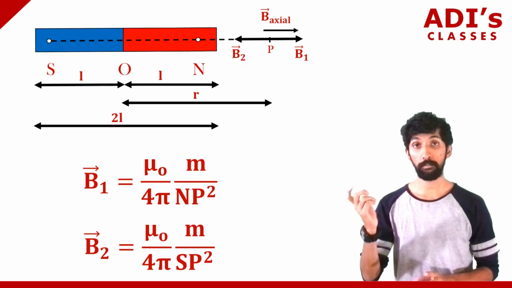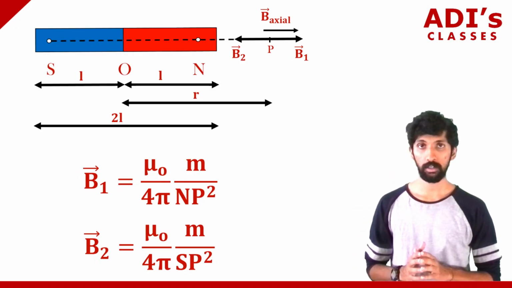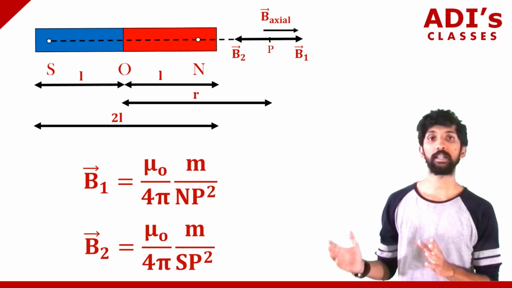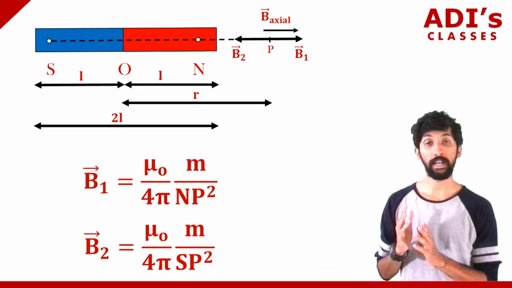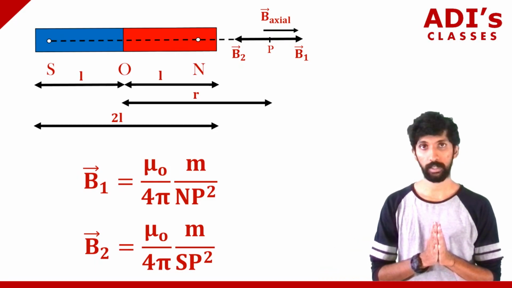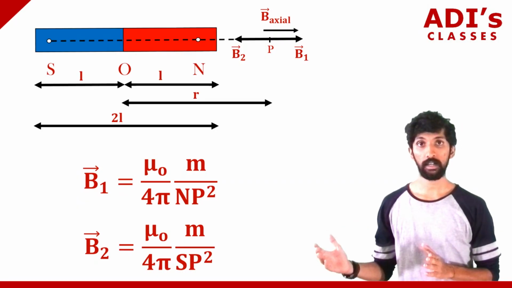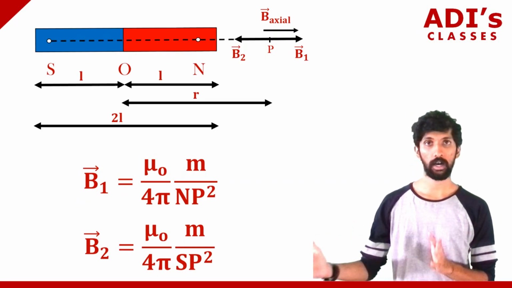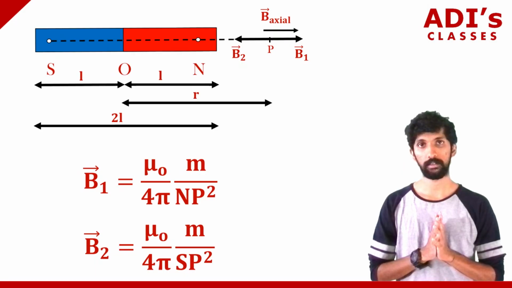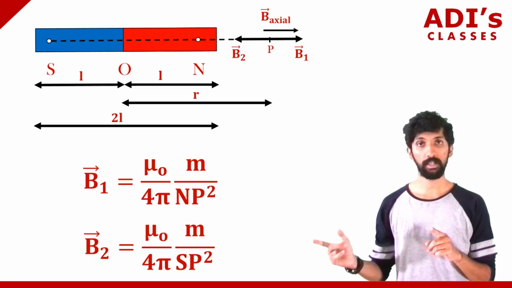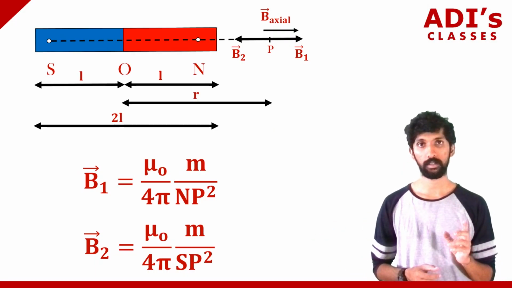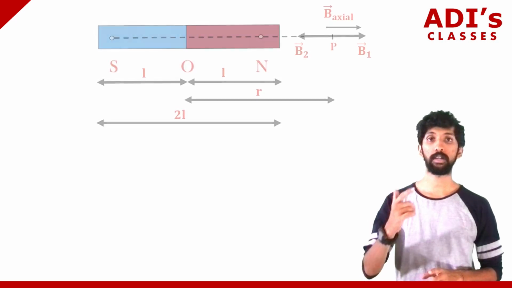Now what is the NP distance? If you look at the figure, O to P is r and N to P is nothing but r minus l, because the length from O to N is l. Same thing, SP becomes r plus l. So you have NP square and SP square.